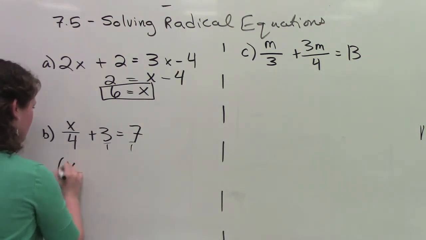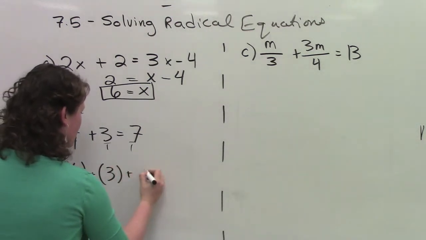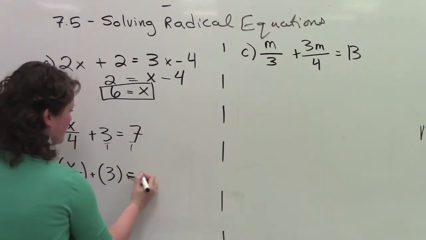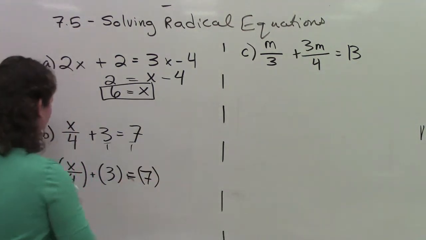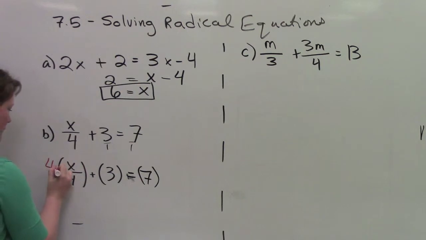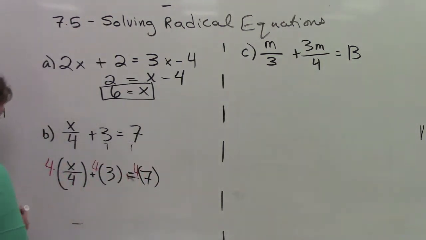x over 4 plus 3 equals 7. But I'm going to multiply everything by 4. So then this becomes, look at our canceling, folks, I love it.